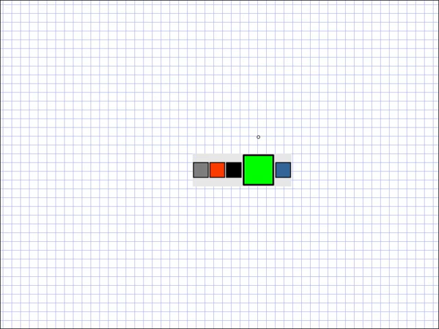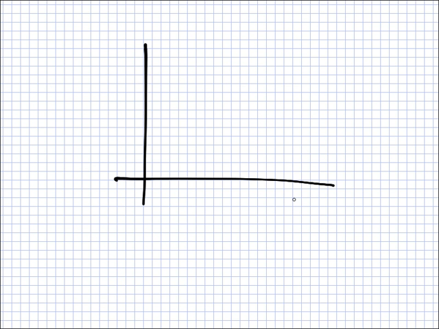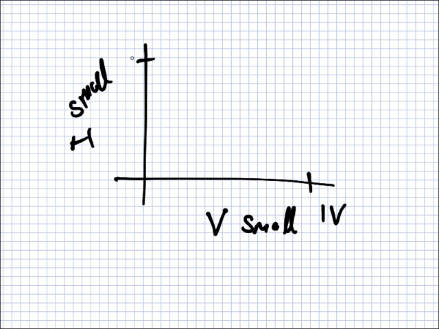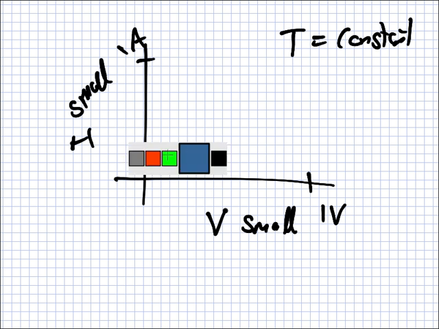So what Ohm said is, if the V is small, maybe up to 1 volt, for example, and the current is also small, maybe up to 1 amp, and you keep the temperature constant, Ohm said that the graph should be, for some materials, a straight line.